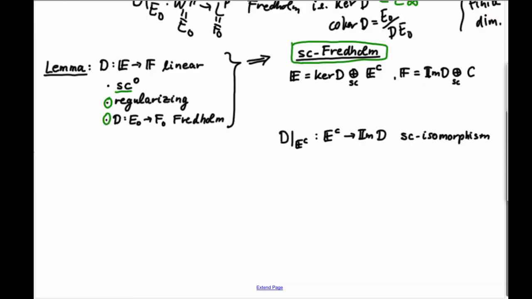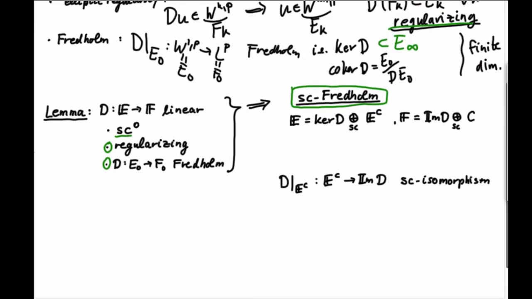So this is the definition that says it's an isomorphism up to infinite dimensions split off in domain and target. So I would like to split off the kernel, which lies in E infinity. And there should be a complement and a direct sum, but that direct sum should somehow be meaningful on all levels.